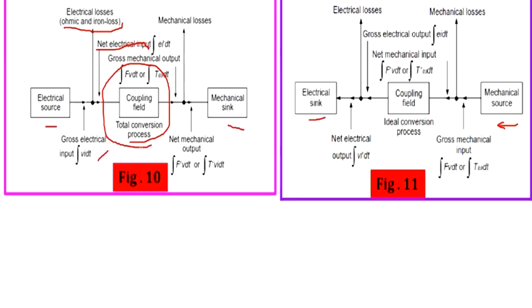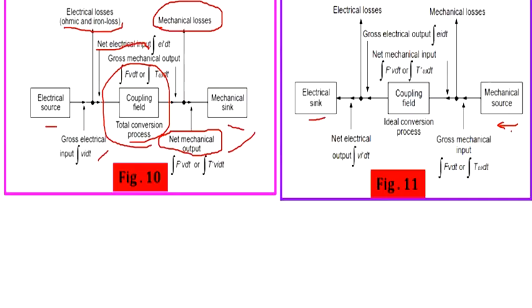After converting into magnetic field, we have losses associated with mechanical, so that we will get the net mechanical output, and finally at the shaft we will get the final mechanical output.